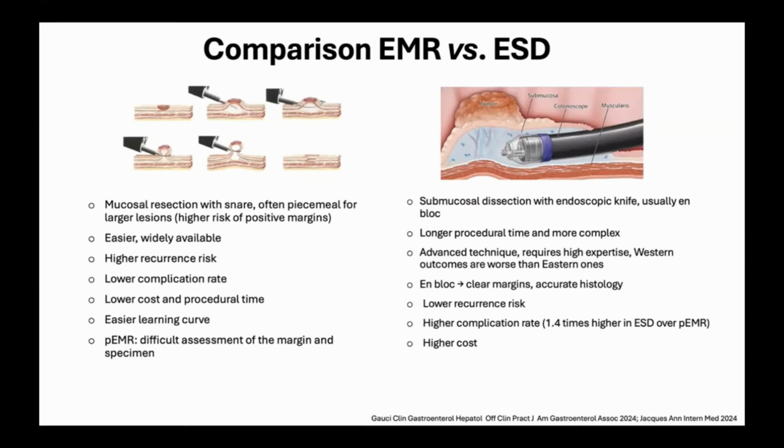Now, the risks: EMR has around a 1 to 2% risk of perforation, and a risk of bleeding during the procedure and after the procedure. ESD has about a 4 to 5% risk of perforation, and there is a risk of bleeding during the procedure, which can be managed endoscopically.